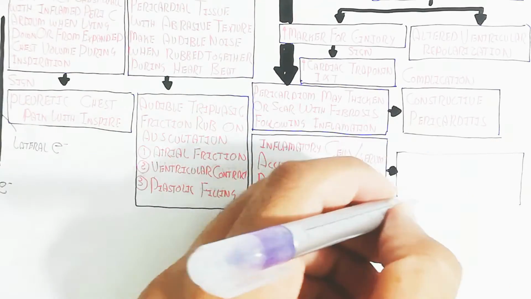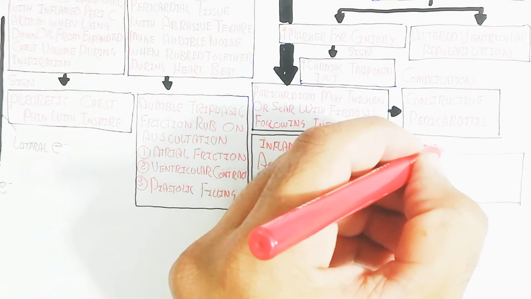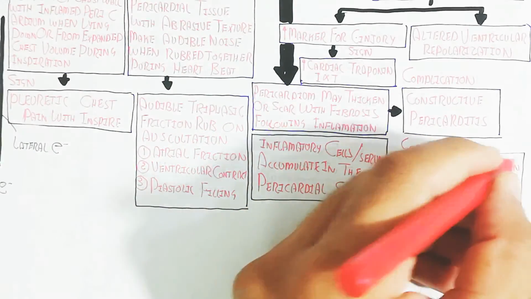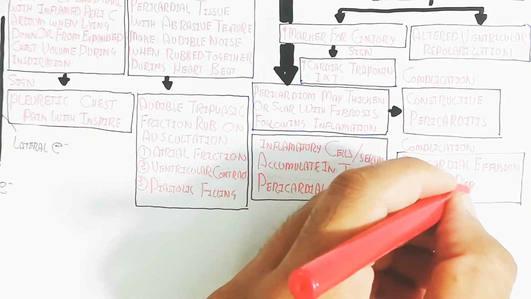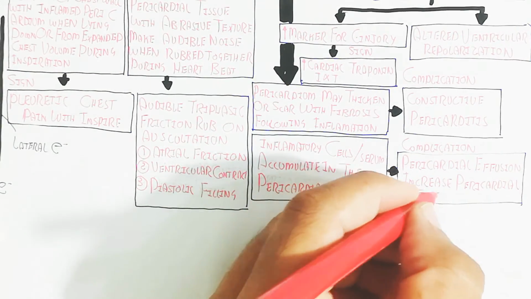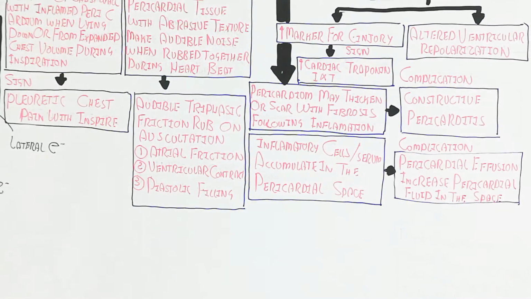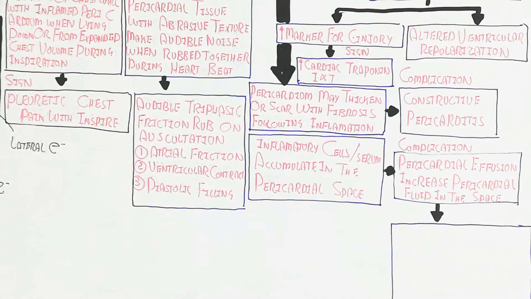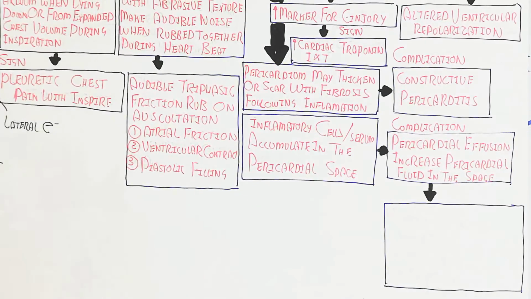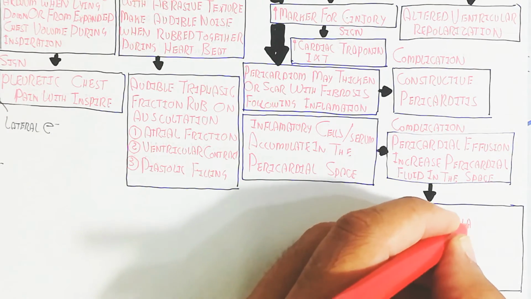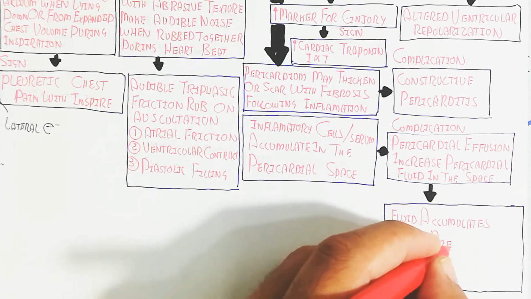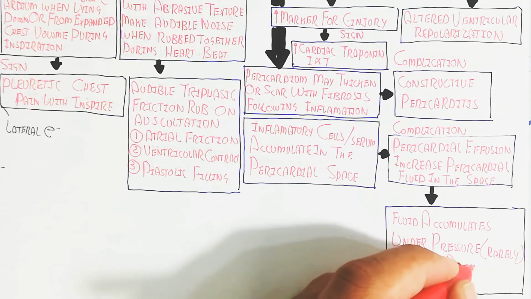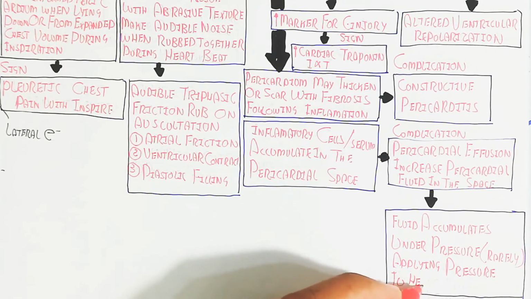In the pericardial effusion, the pericardial fluid in the space increases. When the pericardial fluid increases, it is known as pericarditis with effusion, and the fluid accumulates under pressure, applying pressure to the heart. In this way the complication is tamponade.